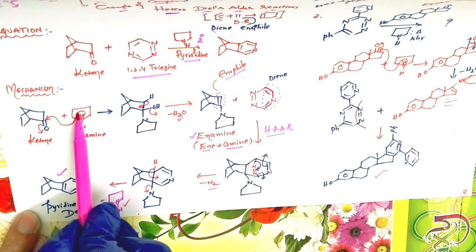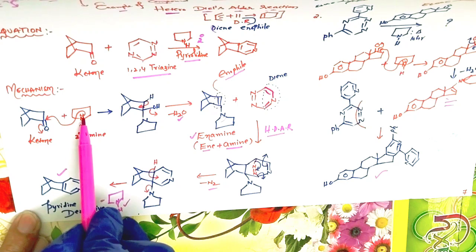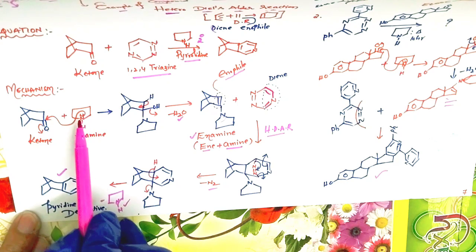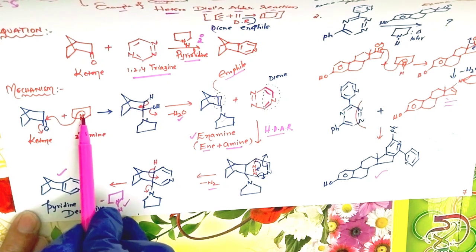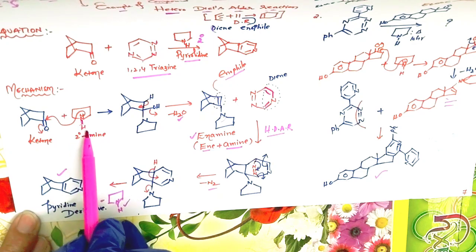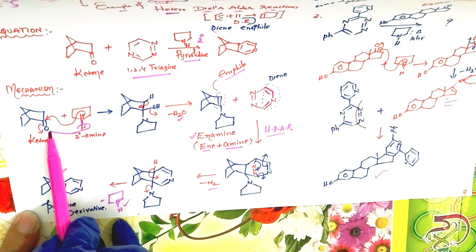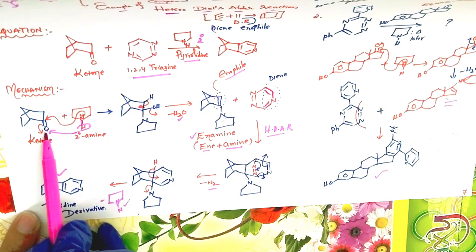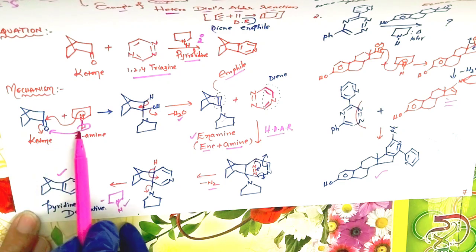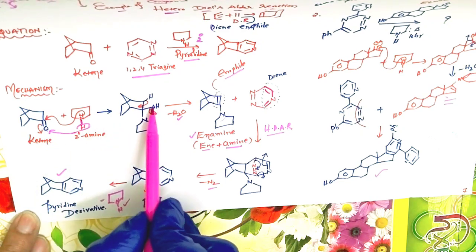When the nitrogen is donating its lone pair of electrons, nitrogen will take a positive charge. In order to neutralize that positive charge, what is happening? The NH bonding electrons move towards the nitrogen. So hydrogen is removed in the form of H+. The H+ approaches the oxygen, so oxygen and hydrogen form an OH bond.